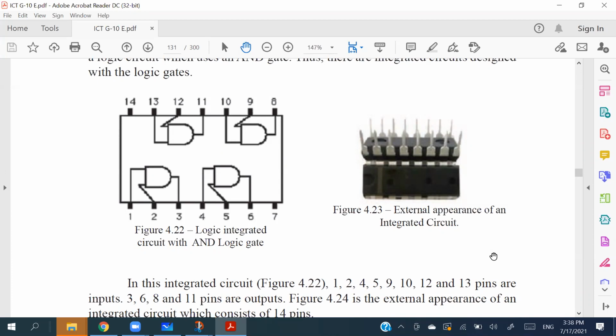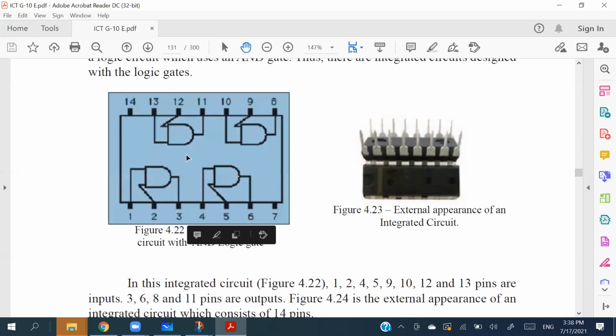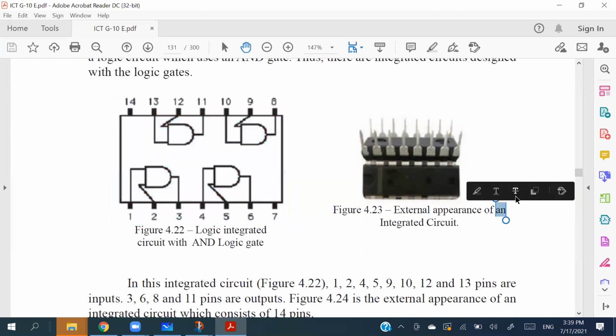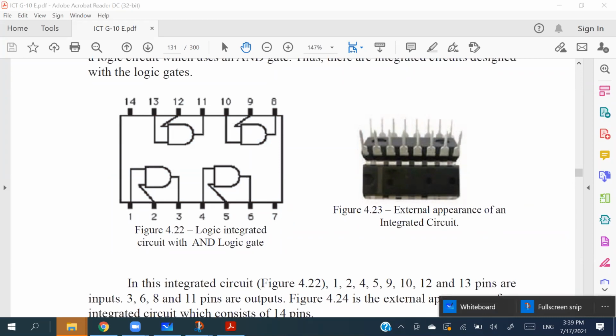They have extracted the particular IC in a diagram at your left-hand side. You can see there are 4 AND gates connected to it. Pins 1 and 2 are connected with the inputs, and the third pin is connected with its output. So that is how it's going to communicate, right?